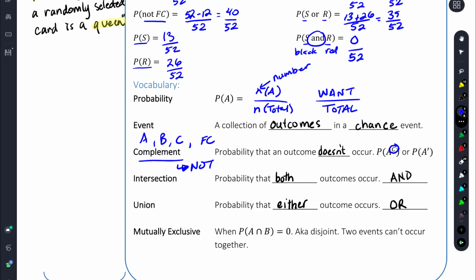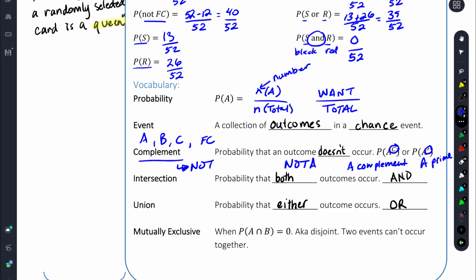So here we would read that as A complement. So the probability that A does not occur is A complement. Or sometimes we'll see the little apostrophe next to the A, and we read that as A prime. And so whenever we see that, you can read it as A complement, you can read it as A prime, or you can also read that as not A.